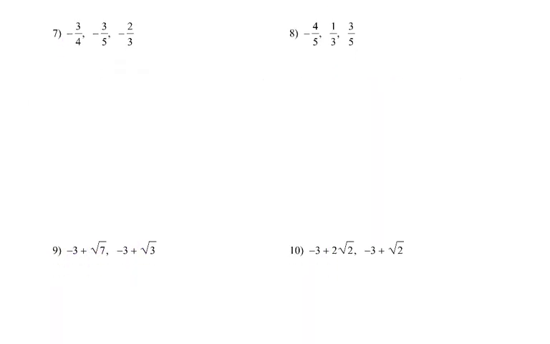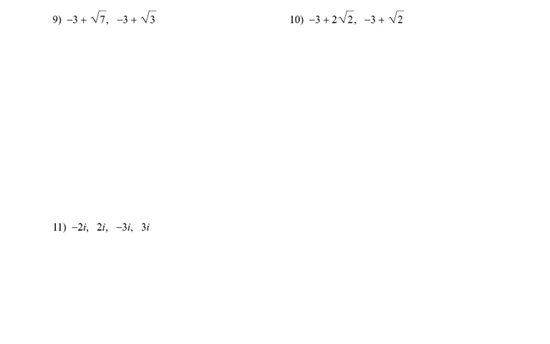Now we're going to deal with the radicals and the imaginaries. Okay? And remember with the radicals that we have conjugates. So if we have the plus, we also have the minus. So really, I have 4 roots, not just 2.